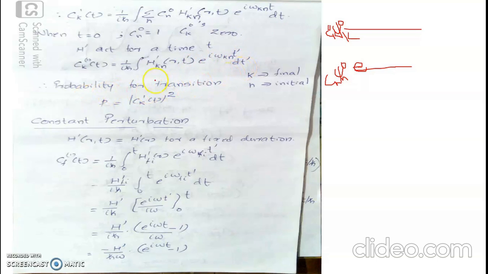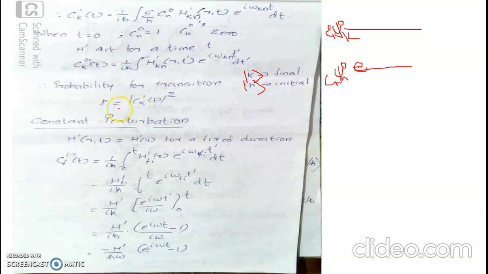So the probability amplitude of transition from an initial quantum state ket n to a final quantum state ket k is represented by this probability amplitude Ck1 of t, that's equal to 1 by i h cross integral of the matrix element of transition between final and initial states, e power i omega kn t prime dt prime. Then the probability for transition is the square of the probability amplitude, as you know, that's equal to Ck1 of t whole square.